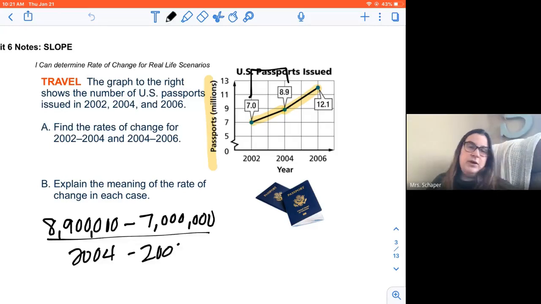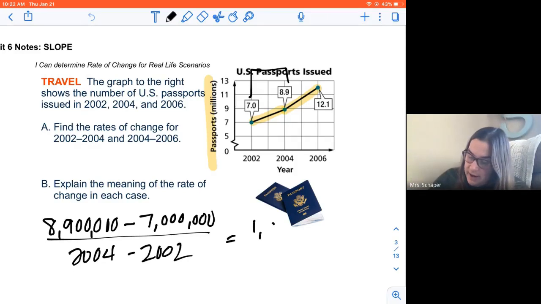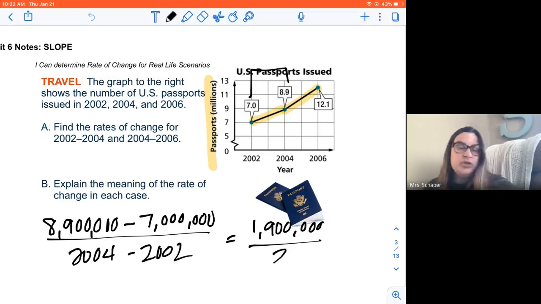minus 2002. And again, this data is pretty much 15 years old, so it's a while ago, but nonetheless, we're still finding our rate of change the same way. We're taking the difference in our Y's divided by the difference in our X's. So we're going to figure out that we've got 1,900,000 passports per 2 years.